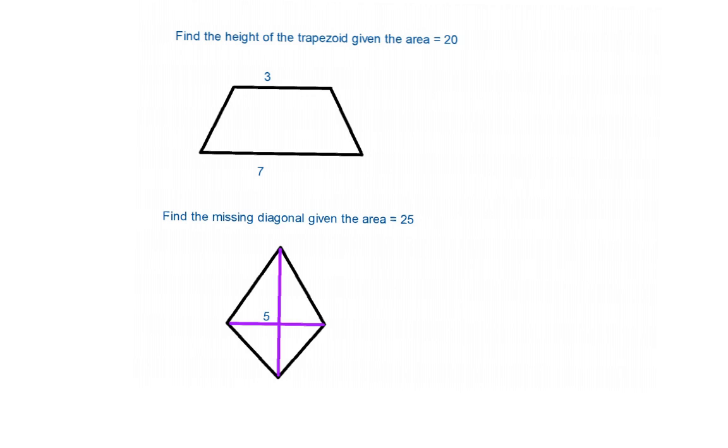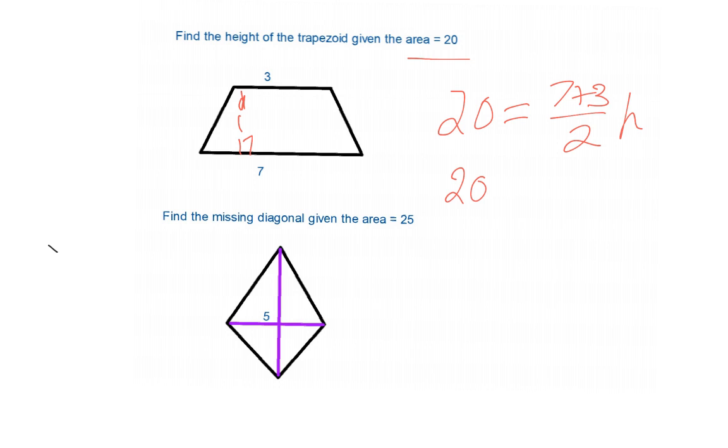Sometimes we know pieces and we need to find the missing pieces given the area. This time I have the area of 20, and this is a trapezoid. We want to find the height. Remember the height is the right angle that connects the two bases. The area of a trapezoid is base 1 plus base 2 divided by 2 times the height.